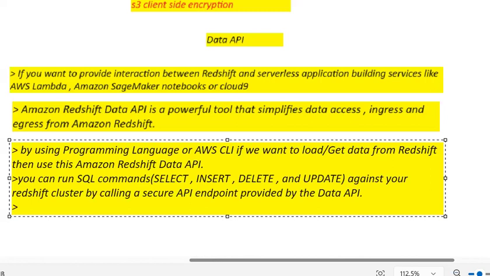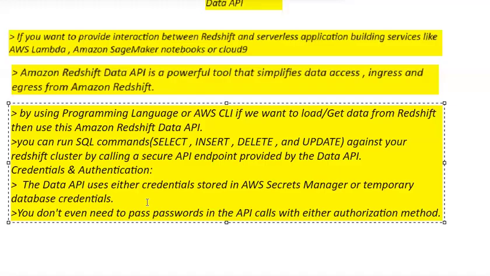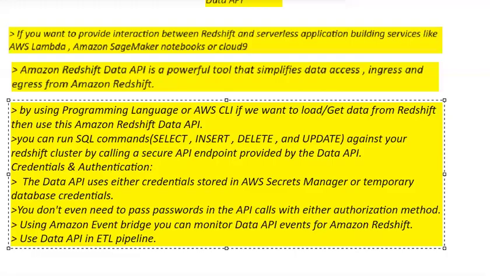You don't even need to provide a password in API calls in either authorization method. How do we monitor the Data API events that happen for Redshift? Using Amazon EventBridge, you can monitor the Data API events which happen for Amazon Redshift.